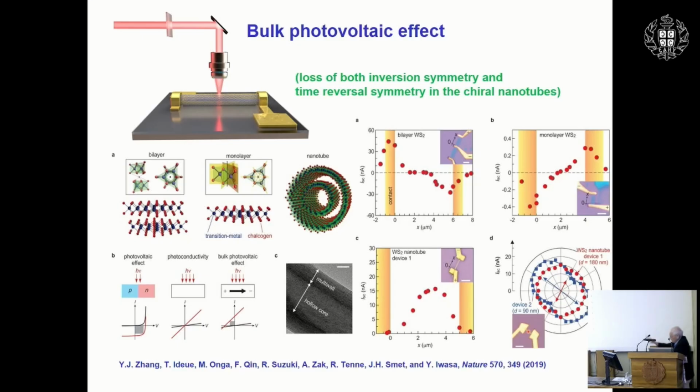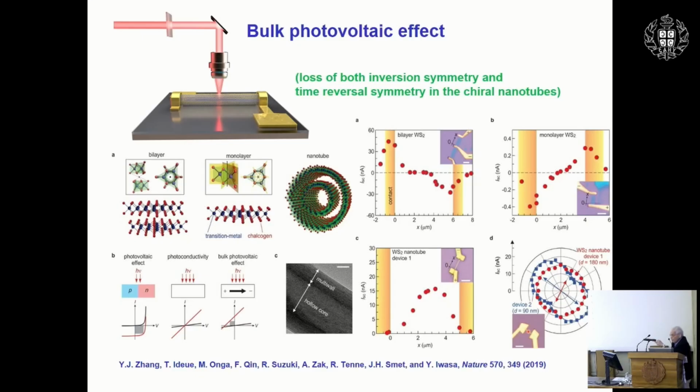So basically, the loss of these two symmetries, the inversion symmetry and the time reversal symmetry, leads to a photocurrent effect, not at the junction.